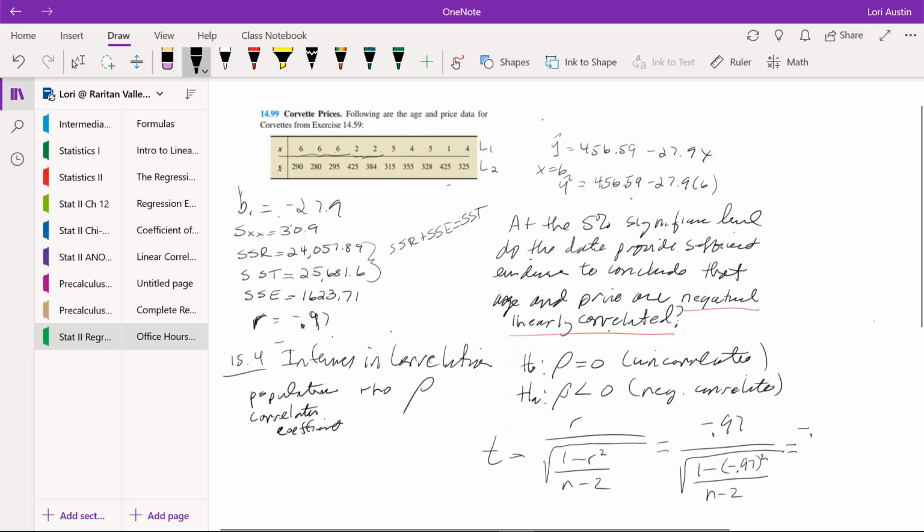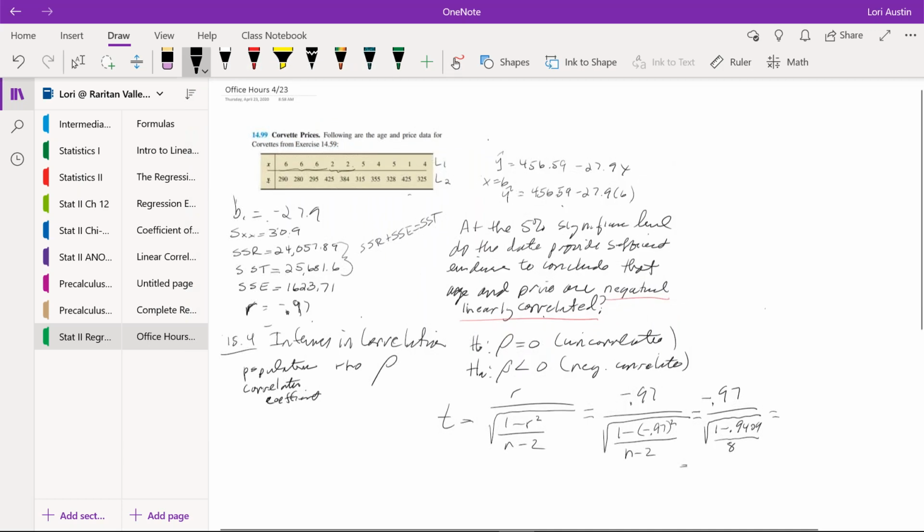So far I have negative 0.97 over the square root of 1 minus 0.9409 over 8, because n is 10. That's negative 0.97 over the square root of 0.0591 divided by 8, which is 0.0074.